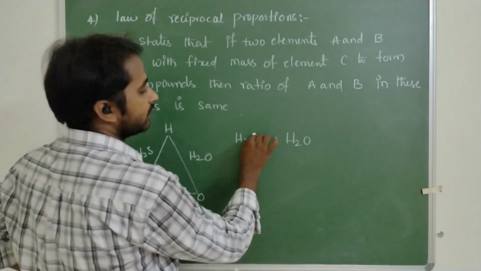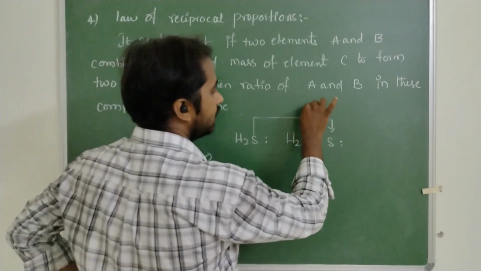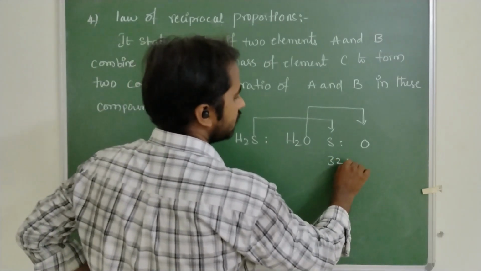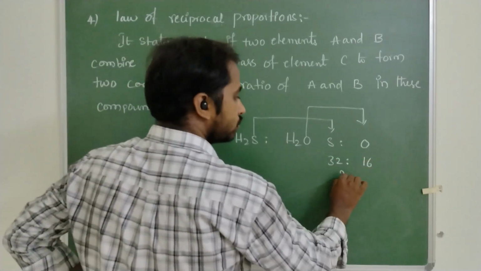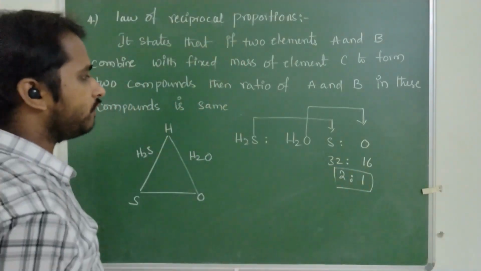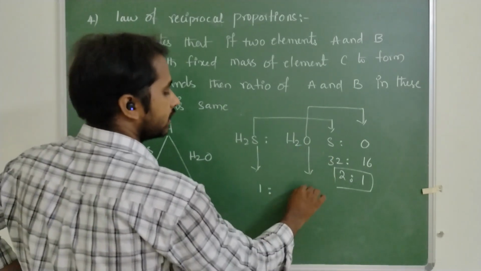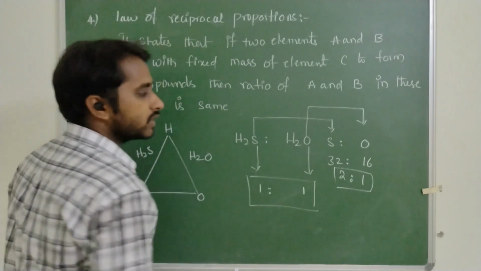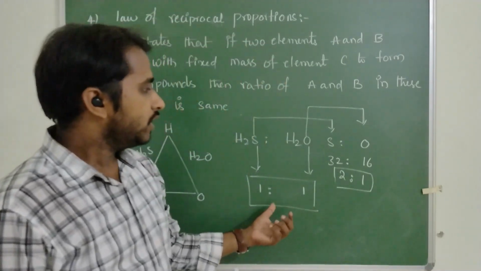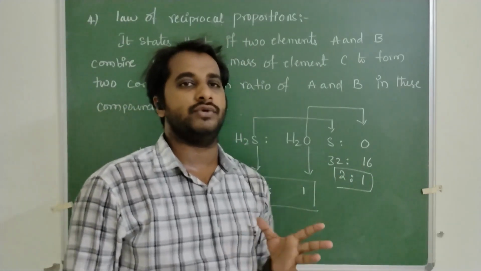If you take the weight of S in compound 1 and the weight of oxygen in compound 2, this is 32 and this is 16, so 2 is to 1. Or we can say the ratio of atoms: how many atoms are there in this one? 1. How many atoms here? 1. So if you take the weight ratio, they are in a simple whole number ratio.